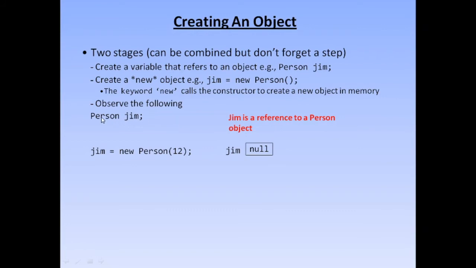First, like Person Jim, you can declare an object of type Person known as Jim, and then in the next line we can also use Jim = new Person(12). This will instantiate it and again call the constructor, and then 12 will be passed to initialize the attributes.